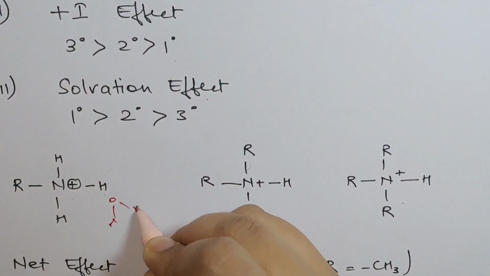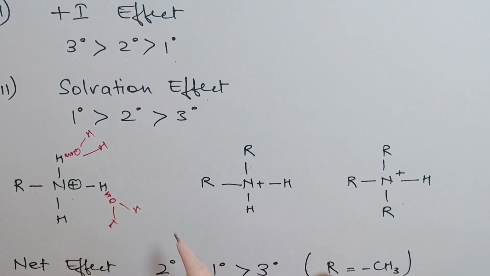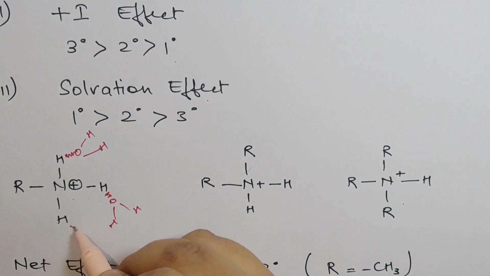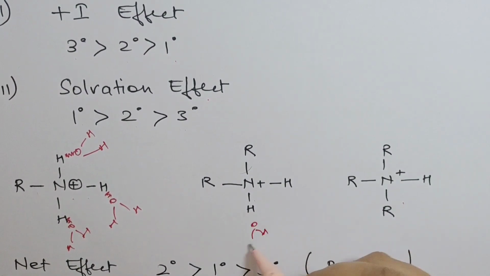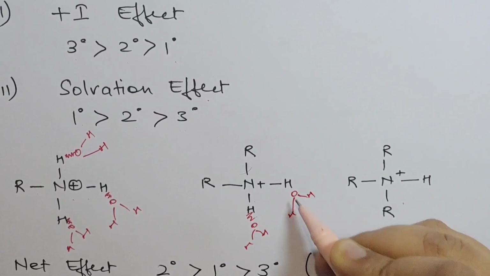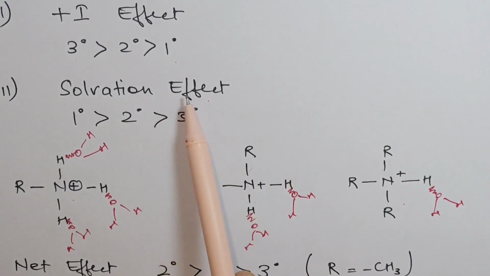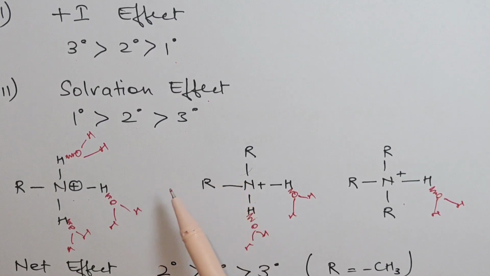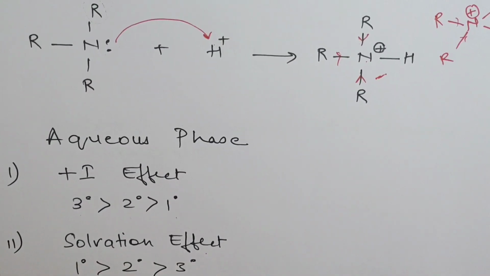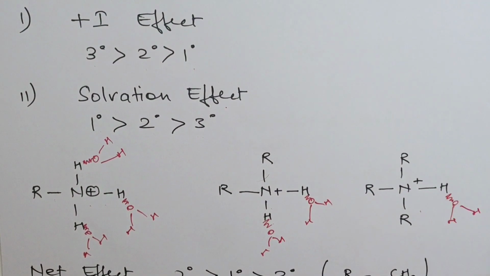Now, water would be able to stabilize these substituted ammonium ions by hydrogen bonding, which is more so in primary, less in secondary, and least in tertiary. Okay, so solvation effect means the stabilization of substituted ammonium ion, that is the product, by solvation, which would happen more in primary than secondary than tertiary.